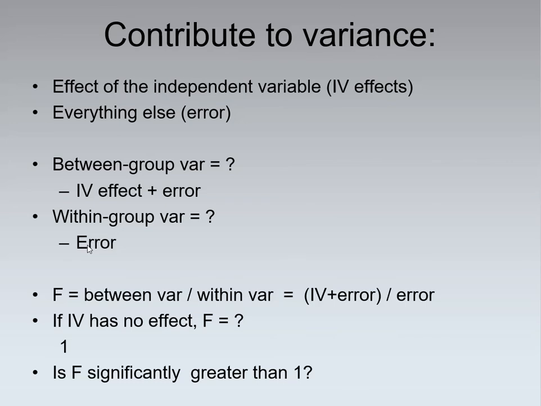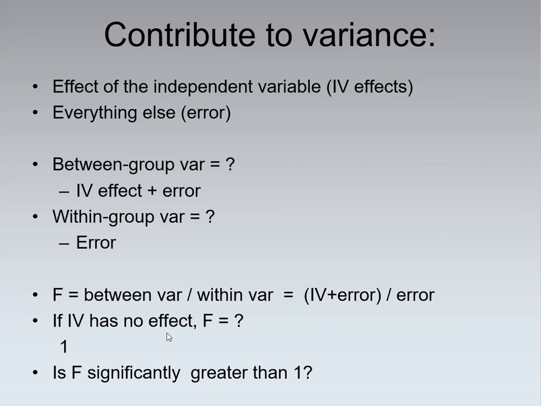And so what happens is, if we have no independent variable effect, this right here becomes 0. And let's just state that you can write this down, error equals 5. So 0 plus 5 becomes 5. 5 over 5 equals 1. Hence, if the independent variable has no effect, it equals 1.